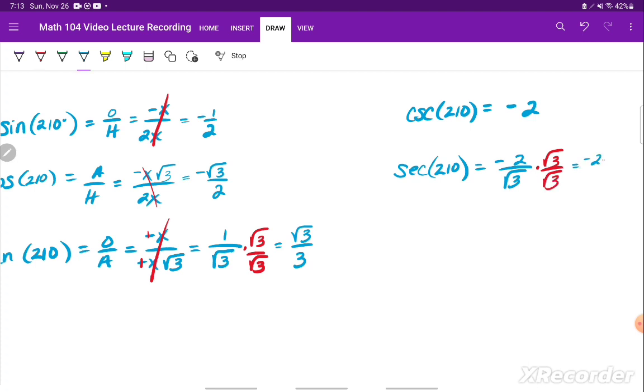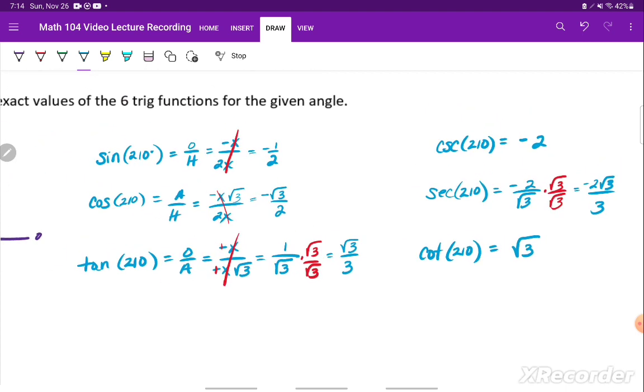It's going to be negative 2 square root of 3 over 3. And then lastly, cotangent of 210, be the reciprocal of tangent, but I'm, as always, going to grab the fraction I had before I rationalize it, and then flip that one. We're going to get positive square root of 3. And those are the exact values for our 6 trig functions when theta is 210 degrees.